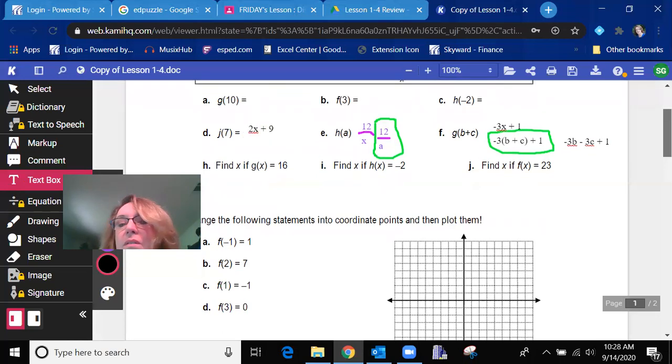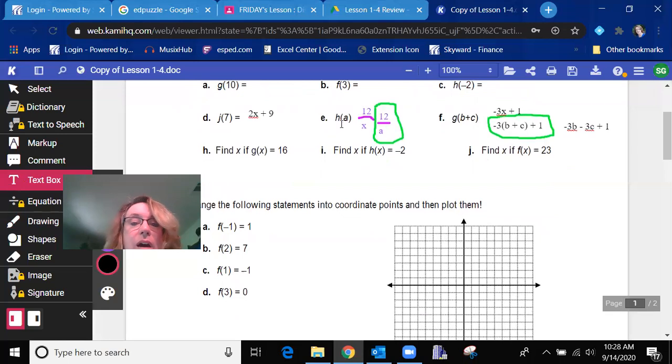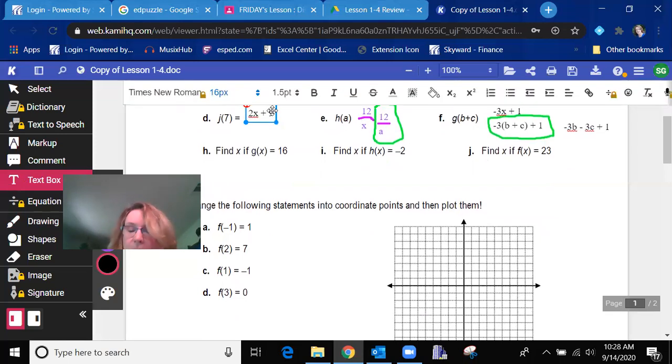Is that it up there? Yeah, 2x plus 9. So then I go 2 times 7 plus 9, and that's equal to, let's see, 23. 23, 14 plus 9.